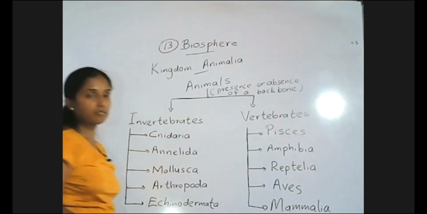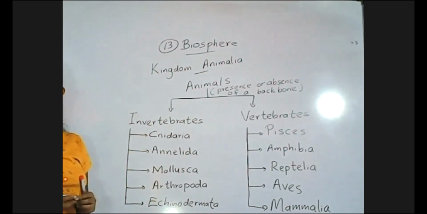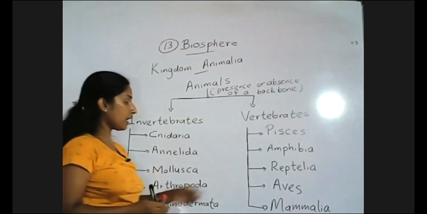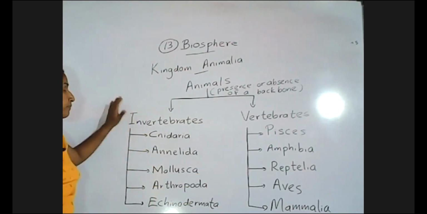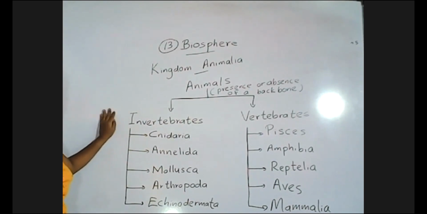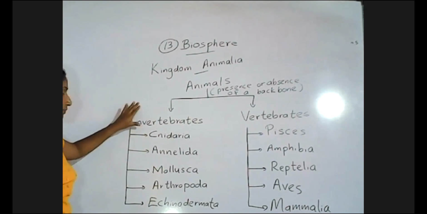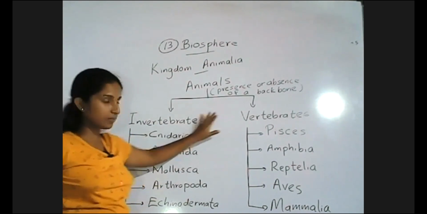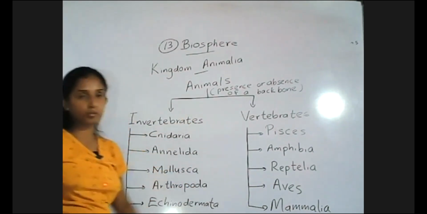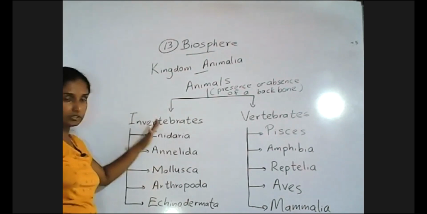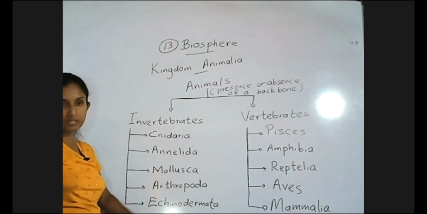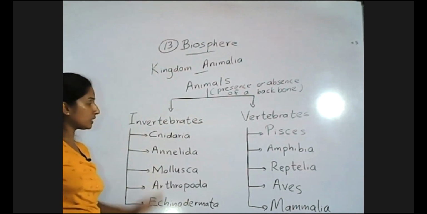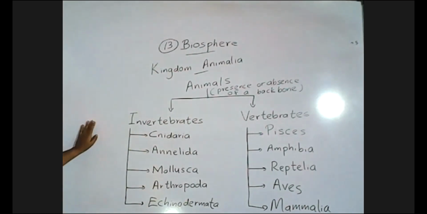These are the vertebrate groups: Pisces, amphibia, reptilia, aves, and mammalia. So this is the classification of animals. First we divide as invertebrates and vertebrates, then the several subgroups. Go through the textbook and try to remember all the features in these groups and the examples, because it is very important when you write the answers for the questions.